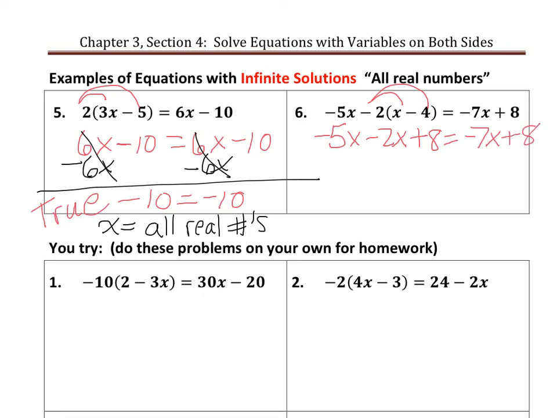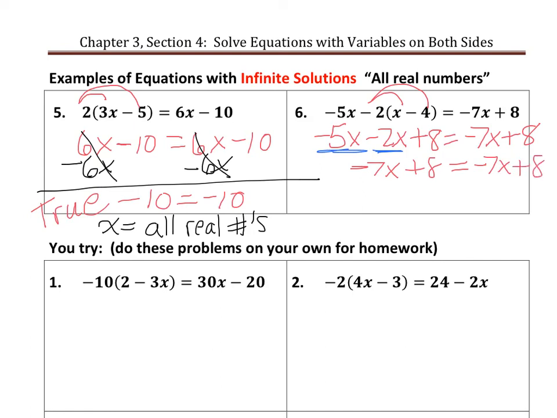And I'm just going to rewrite those. Again, try to combine any like terms on either side of the equal sign if possible. So negative 5x minus 2x is negative 7x plus 8 equals negative 7x over here plus 8.